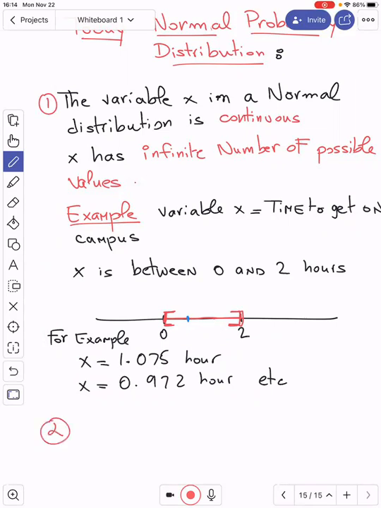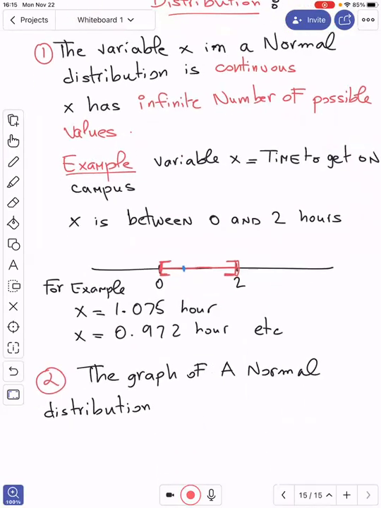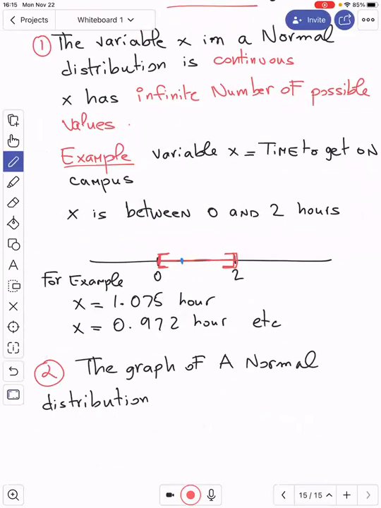The second property of a normal distribution is that the curve, or the graph, of a normal distribution is actually bell shaped. So the shape of the graph looks like a bell.